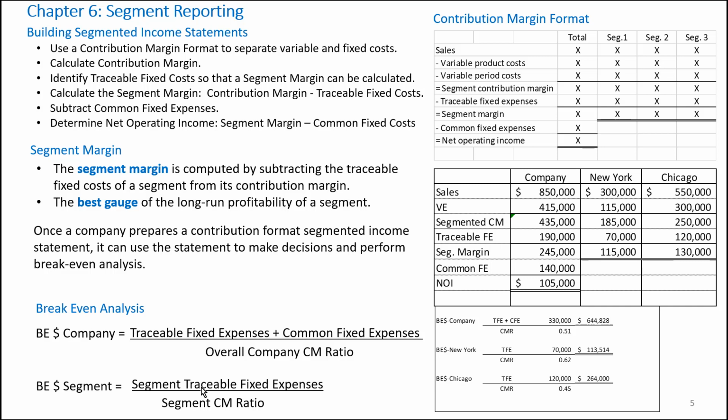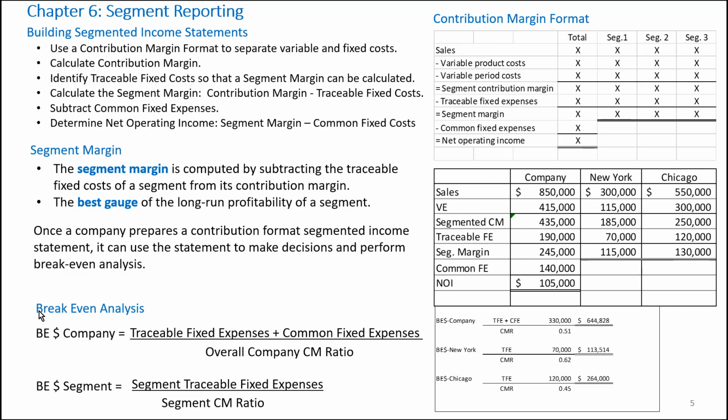Once a company prepares a contribution format segmented income statement, it can use the statement to make decisions and perform break-even analysis. Because we just recently studied break-even analysis, let's see how it would apply to this statement.